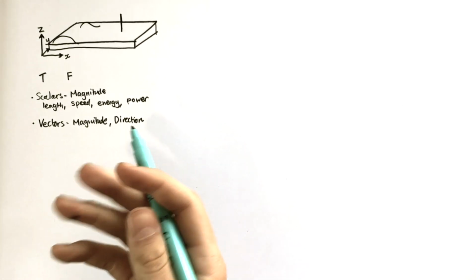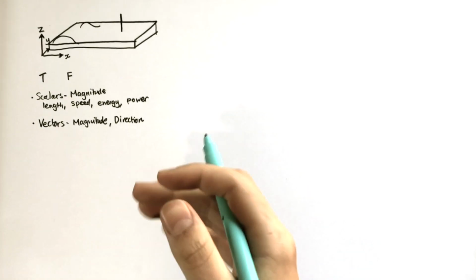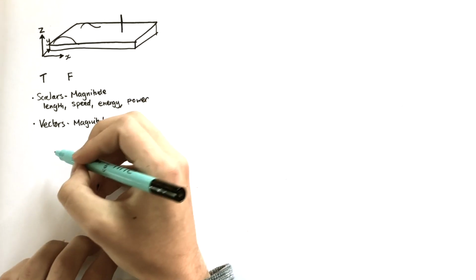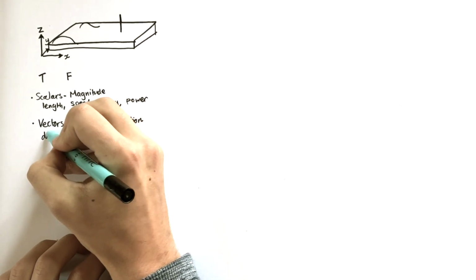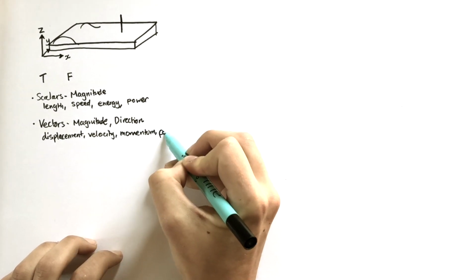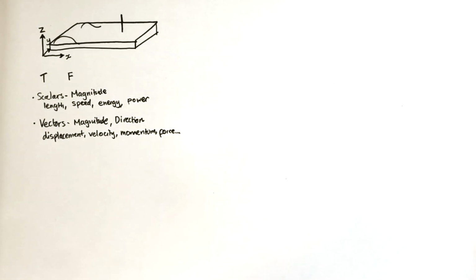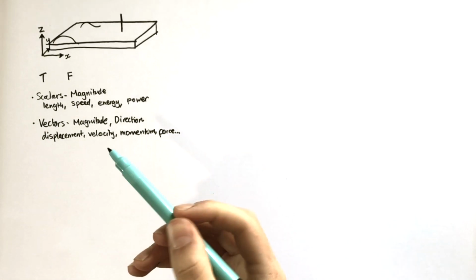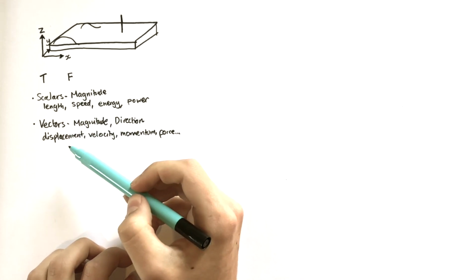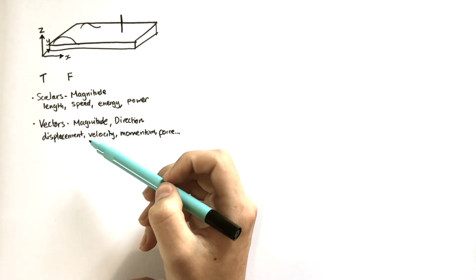However, a vector we have to treat slightly differently mathematically, and we'll see how we denote vectors as opposed to scalars in just a second. Some examples of vectors include displacement, velocity, momentum, force, alongside many others, which we're going to have a look at in future videos. Now, a side note: a scalar and a vector are actually specific cases of a tensor. A tensor is basically a mathematical object.